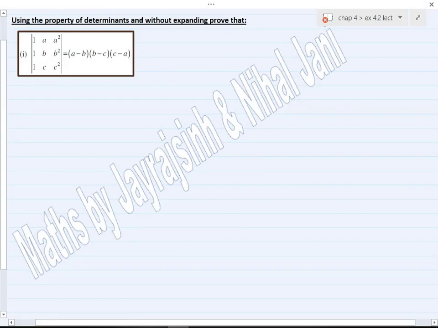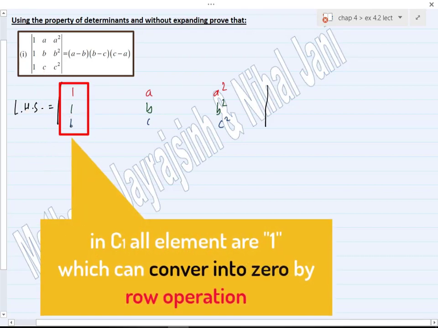Using the property of determinant and without expanding, we have to prove that the value of the determinant is equal to a minus b, b minus c and c minus a. So without wasting time, let's begin with the left hand side. Two things you should notice: in the first column we have 1, 1, 1, which can easily convert into 0 by row operation.